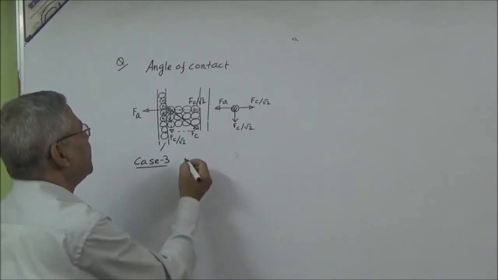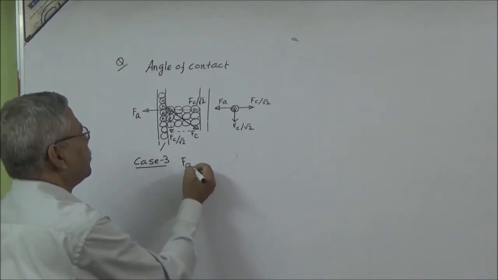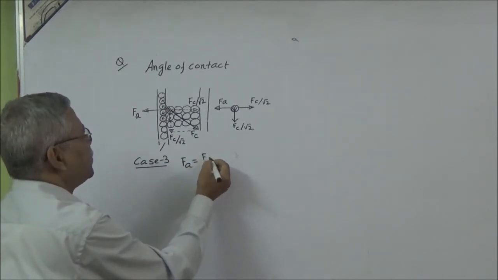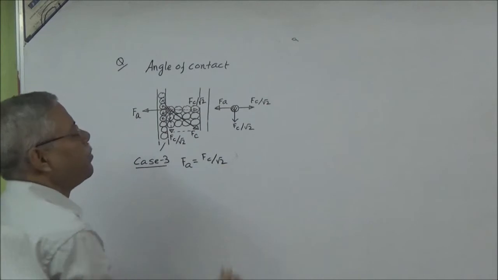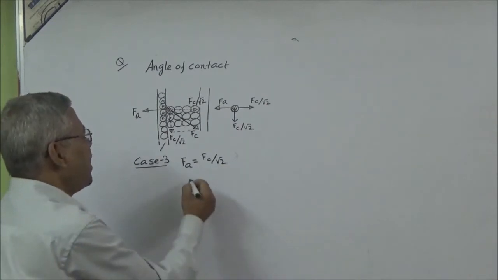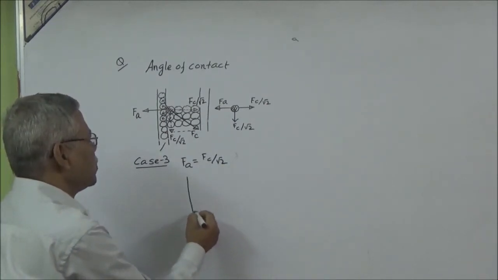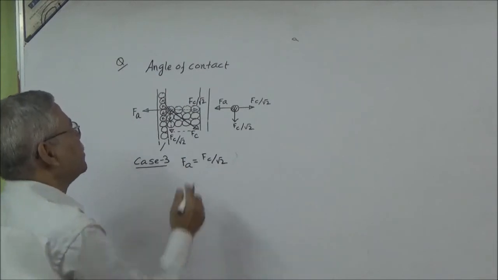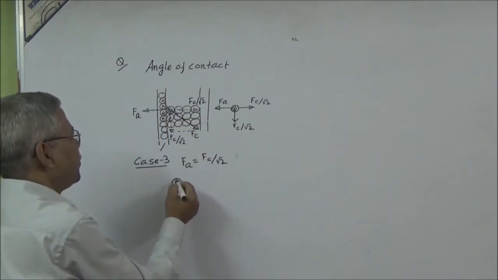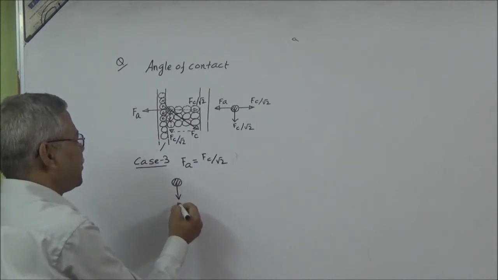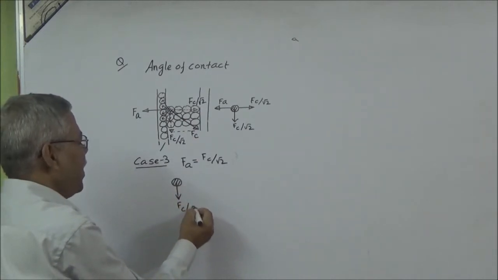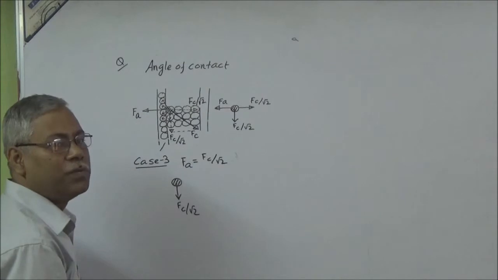So in case 3, FA equals FC by root 2. If FA equals FC by root 2, on this molecule there will be only one force, FC by root 2.